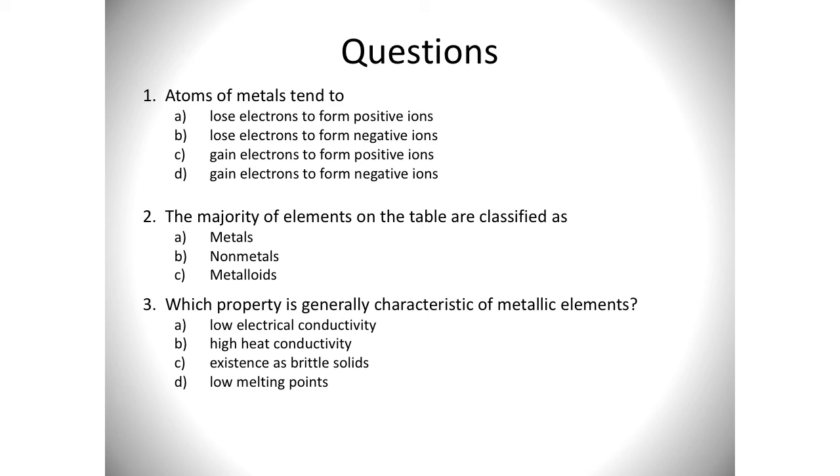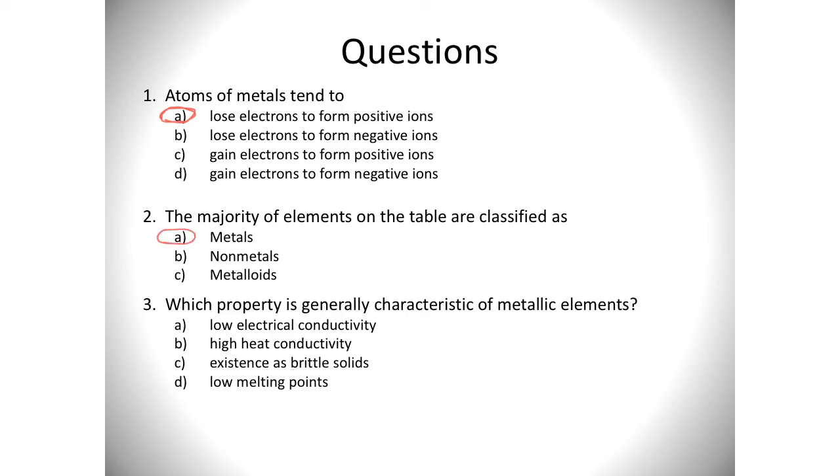So we just have a couple of example problems. Atoms of metals tend to lose electrons to form positive ions. So if you forgot that, you could always take a look at a metal on the periodic table, so iron, and see that it loses electrons because it has the positive oxidation states on there. Most of our elements are metals.